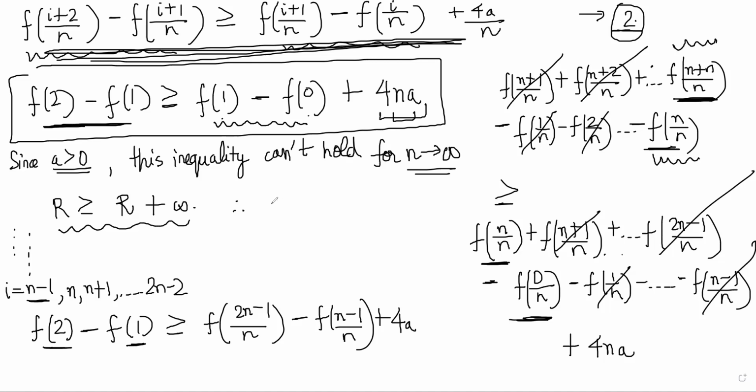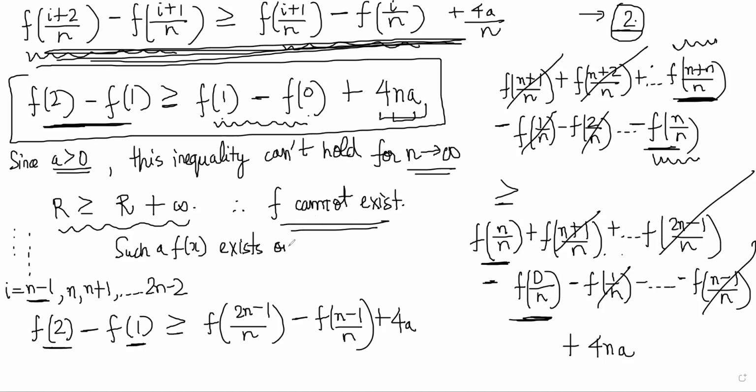Therefore, we can say that such a function f cannot exist. Such a function f cannot exist because for the case that a is greater than 0, we are ending up having a function that blows up, and the difference between two real values of the function is tending to infinity, right? For large n. So that is not a possibility, and therefore we can say that such a function exists only if a is less than or equal to 0.